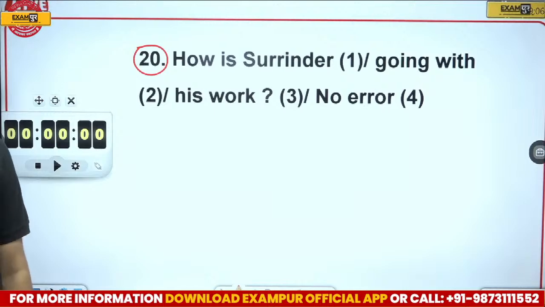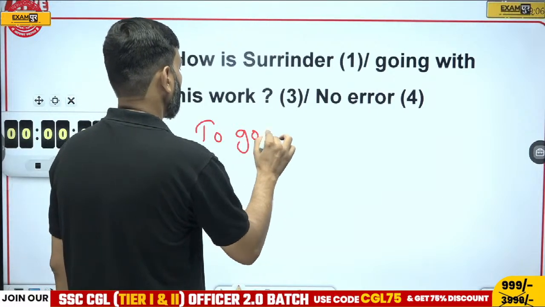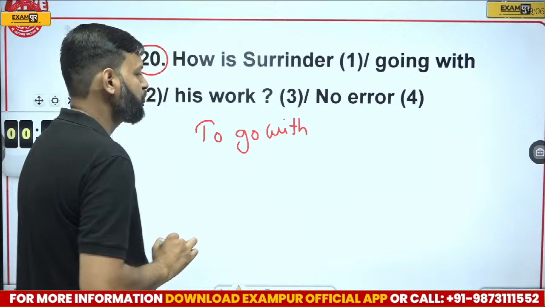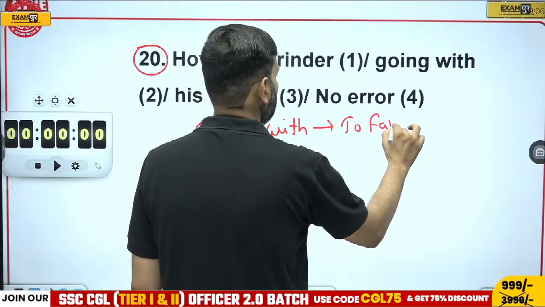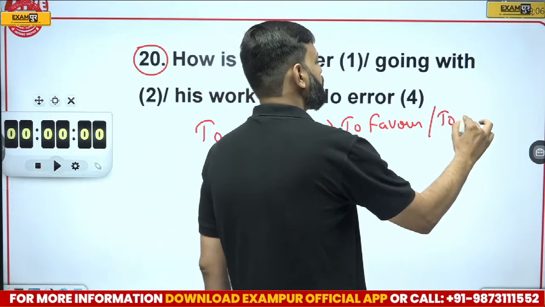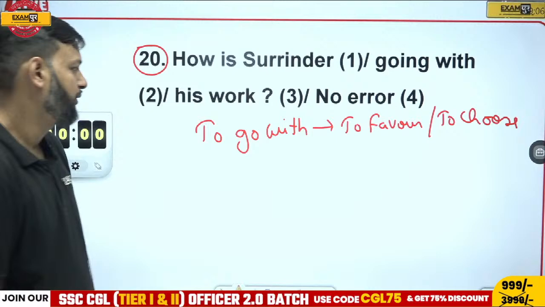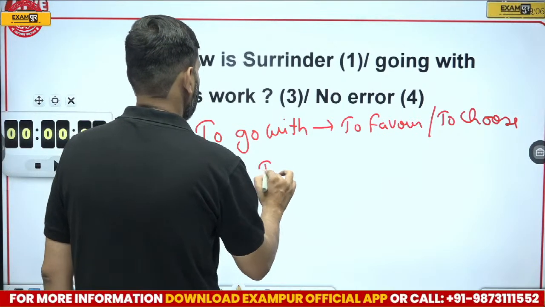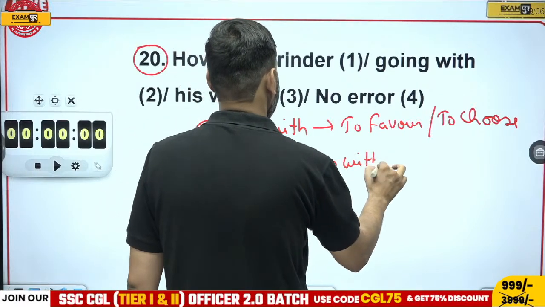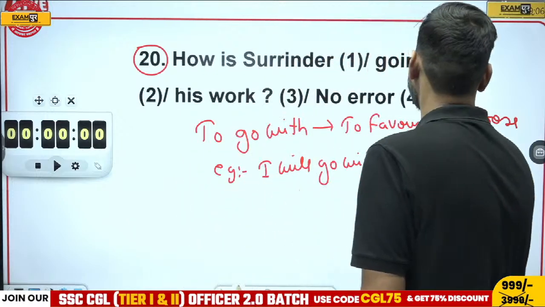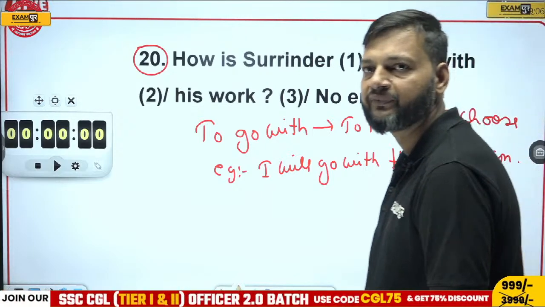How is Surinder going with his work? See, to go with means to favor, or we can say to choose. For example, I'll go with the third option.